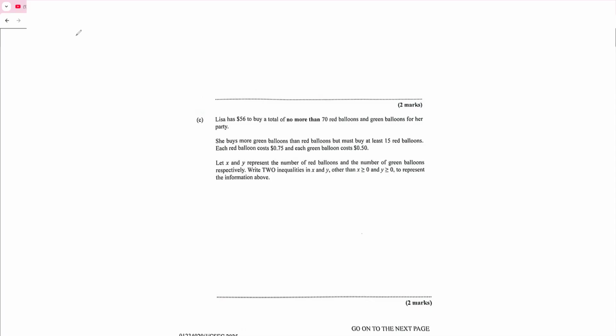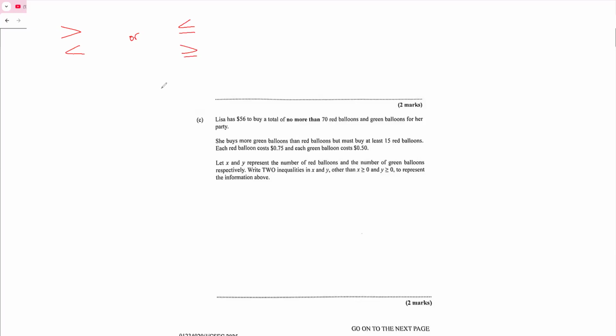All right, so an inequality is simply whereby an equation is not exactly equal to. So we might see these symbols. We might see this sign or this sign, or this sign or this sign.